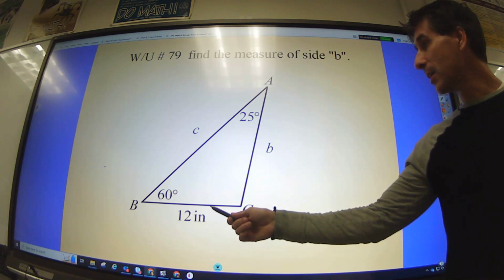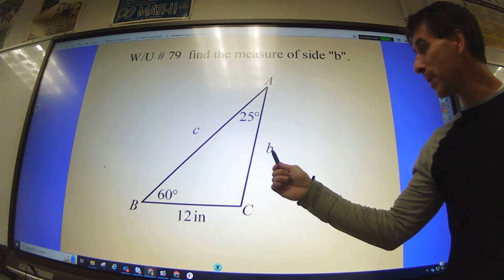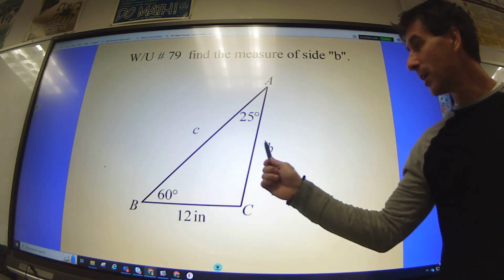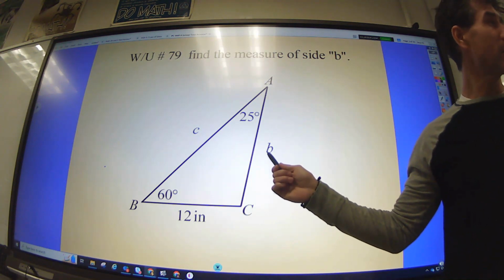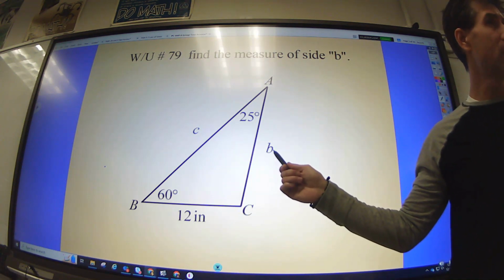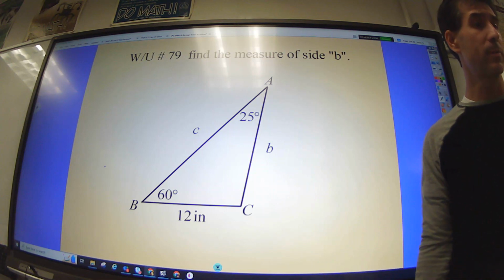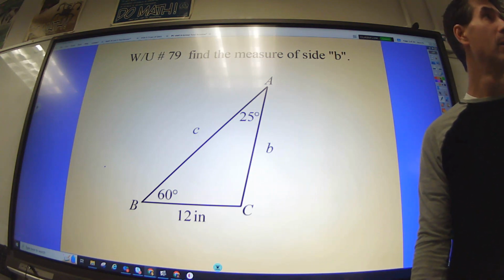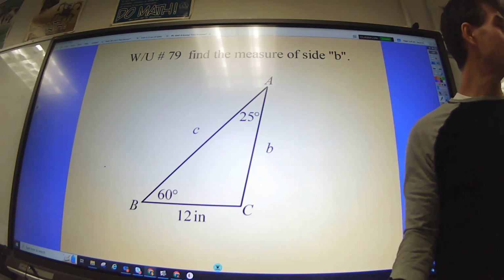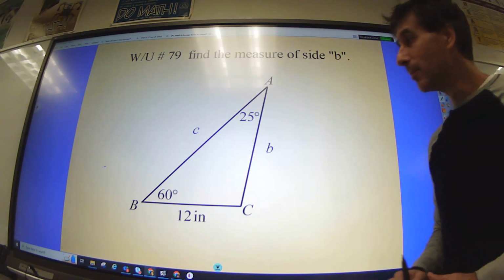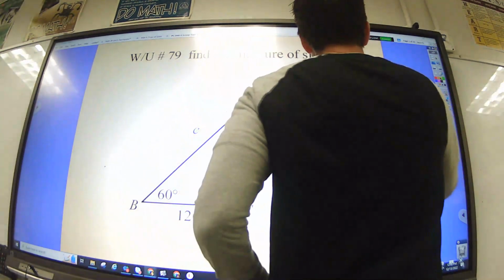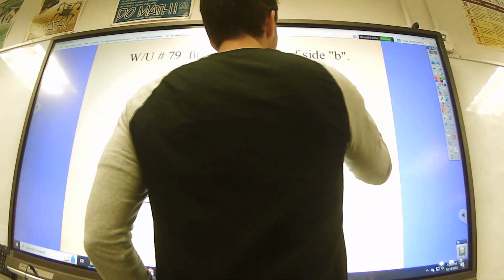Which side? 12, 18, or 8? If I'm solving for this angle, 8, which is going to be my, because that's where my angle is. A squared equals b squared plus c squared minus 2bc cosine big A. So let's plug it in.